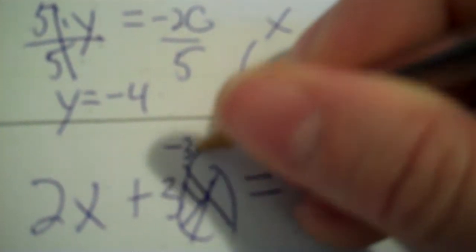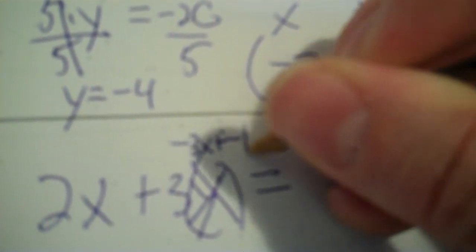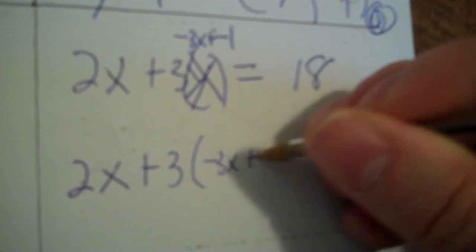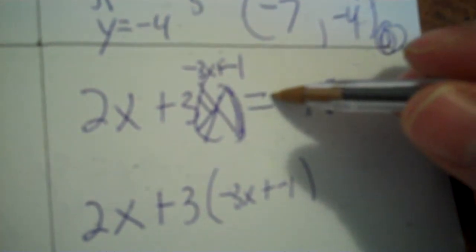Parentheses goes to where the base is, okay? Now it's the y, so I replace y with the expression -3x plus -1. So you got 2x plus 3. Now we put that in parentheses next to the 3. And then after the parentheses has been closed, we have an equal sign and an 18.